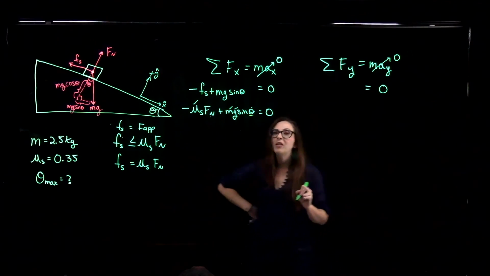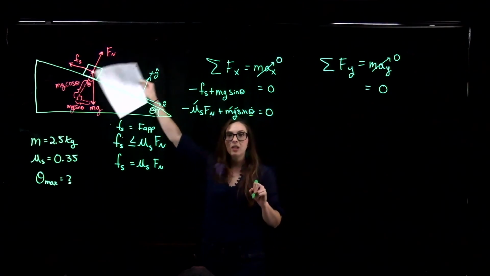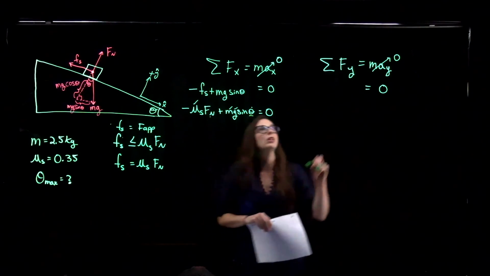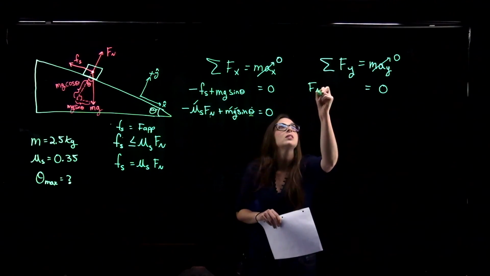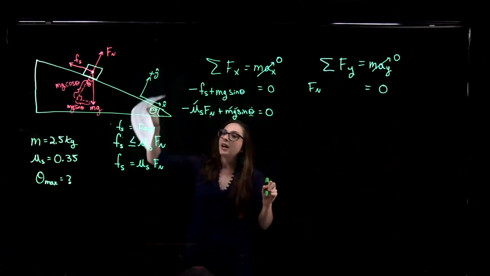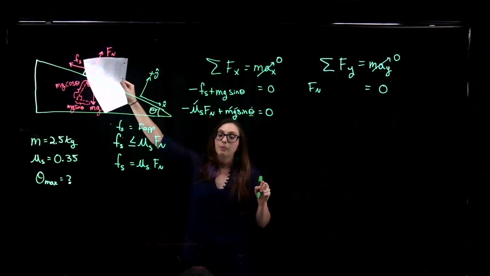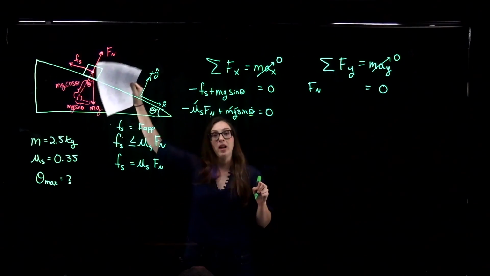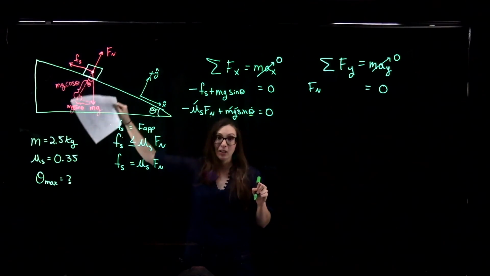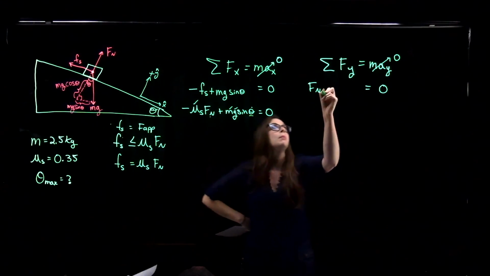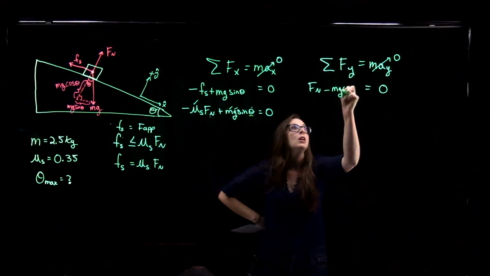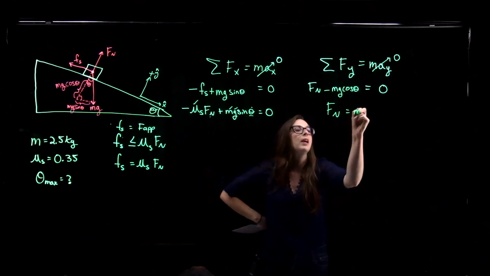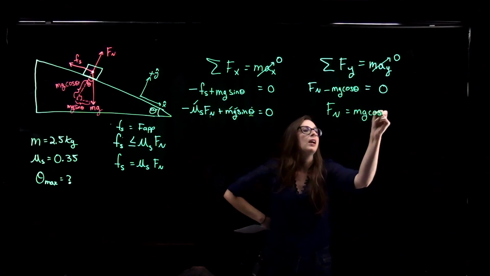So the sum of all my forces in the y direction, we've got the normal force perpendicular to the surface, and then we've got, acting in this y direction, minus mg cosine theta, that component of the weight perpendicular to the plane. So this tells us that our normal force is equal to mg cosine theta.